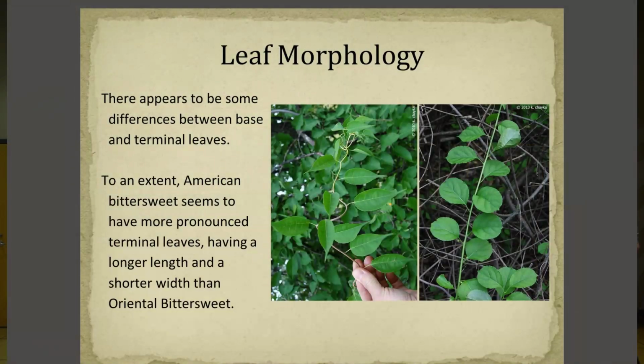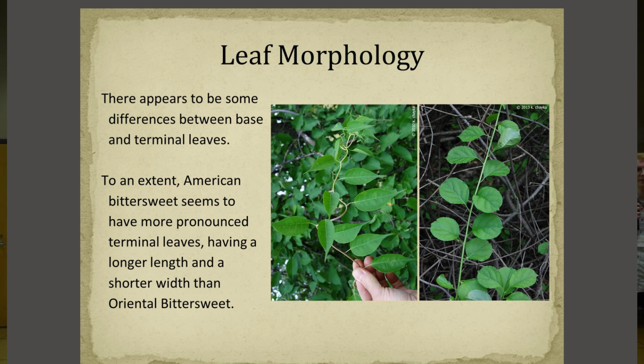So for leaf morphology, and this is something I was trying to investigate when I was in the field, there appears to be some difference between base and terminal leaves. On the left is scandens terminal leaves, and on the right is orbiculatus base leaves. So I'm trying to investigate if there is a significant difference between the terminal leaves of scandens and the base leaves of orbiculatus.